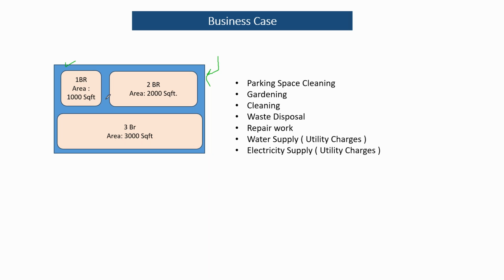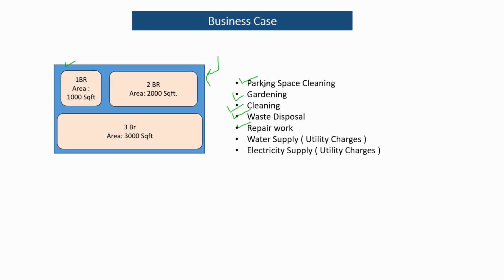If I take the example of parking space, gardening, cleaning, waste disposal, or repair work, these things generally are based on the area. As per the area, each has to pay the service provider. Let's say there is one business entity, within it we have a building, and within the building we have different apartments.